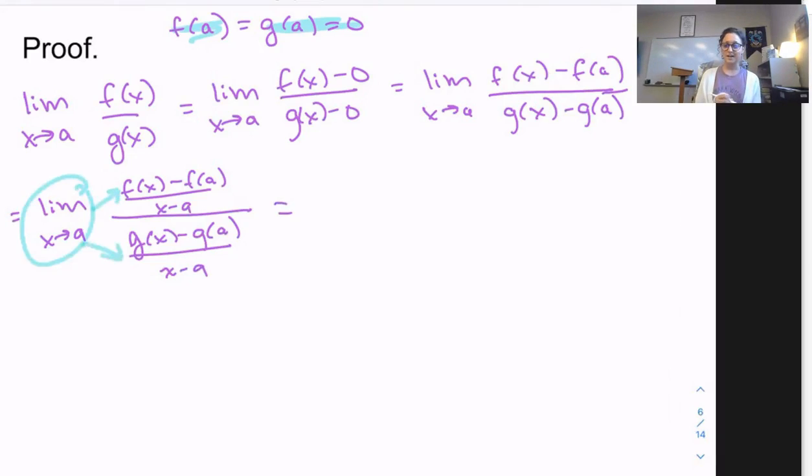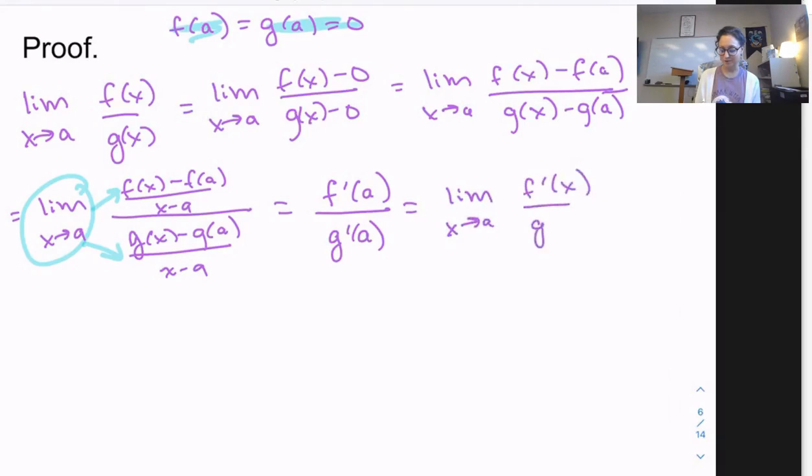Well, if I do that, maybe you'll notice that is method 2, right? So the limit as x approaches a of f of x minus f of a over x minus a is f prime of a. And the limit as x approaches a of g of x minus g of a over x minus a is g prime of a. And this is equal to the limit as x approaches a of f prime over g prime, again assuming f and g are continuously differentiable.